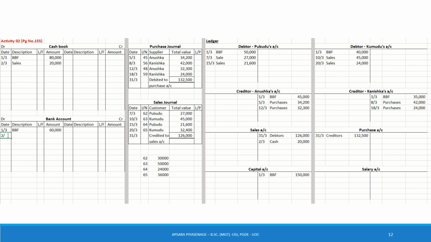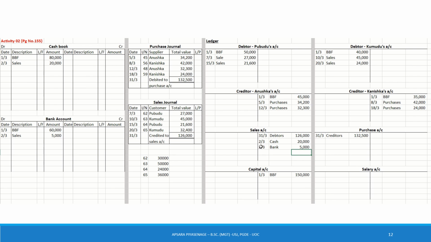So 2nd of March, again sales. They have not given a check number. Amount is 5,000 and then sales account on 2nd of March. Here we write bank 5,000.